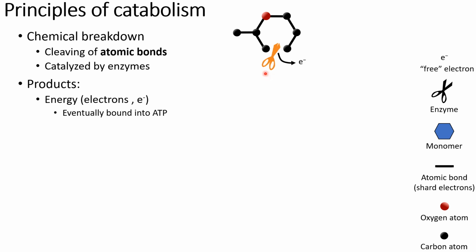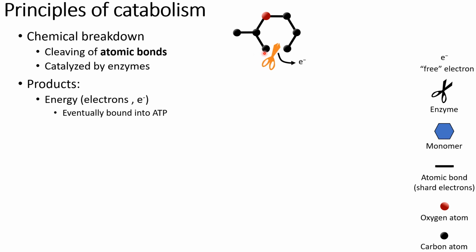So when an enzyme catalyzes a catabolic reaction and breaks that bond, the shared electrons effectively are released, and those electrons carry energy and will eventually be bound in ATP. One of the things I'll mention here is these carbons have other things bound to them that I'm not showing, specifically in the case of a carbohydrate, water, so oxygens and hydrogens.